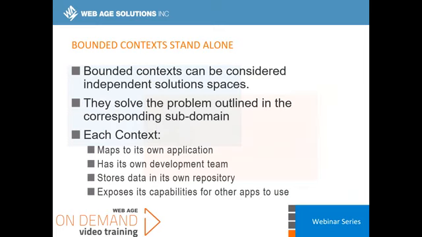So in order for a bounded context to be considered independent, it should have its own application, its own executable code. It should also have its own development team. It should have its own repository. And the capabilities that it provides should be exposed to other applications or other bounded contexts to use in a consistent fashion.